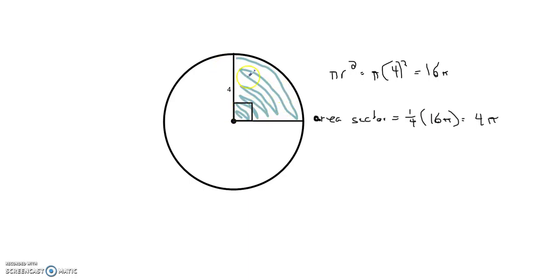So again, the area of the sector will be equal to 1/4 times the area of the whole circle.